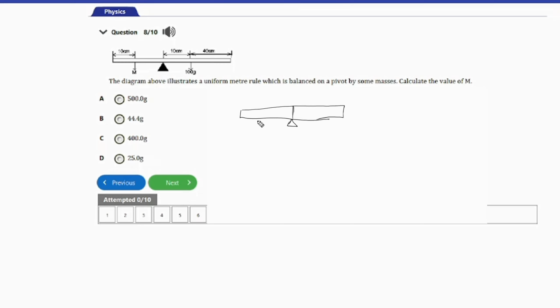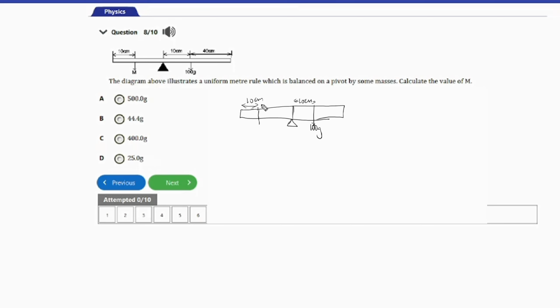So here, a distance of 10 cm to the right shows where the mass of 100 grams is suspended, and then we have the remaining 40 cm to the right here. Whereas from the left, from the tip of the rule to where the mass m is suspended, we have 10 cm here, and that's it.